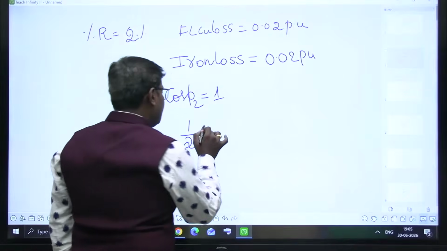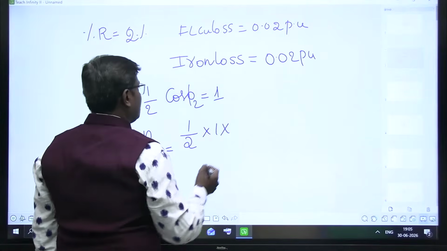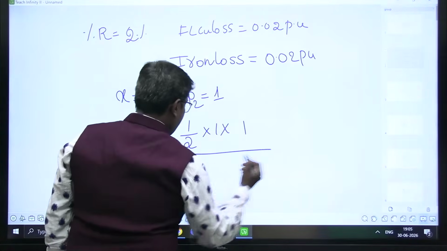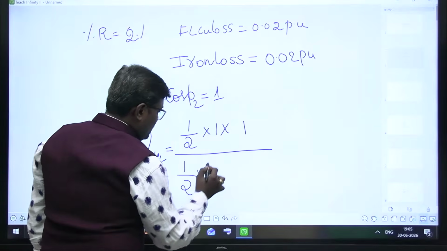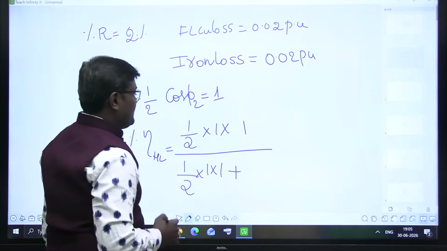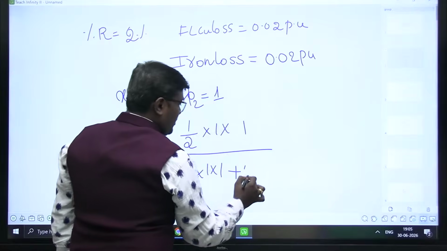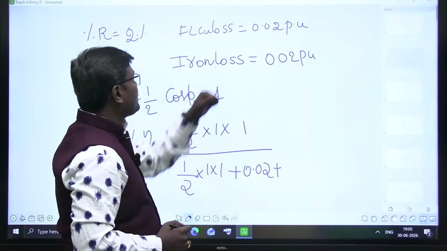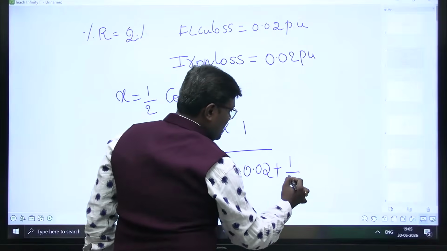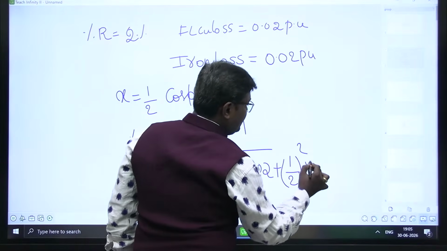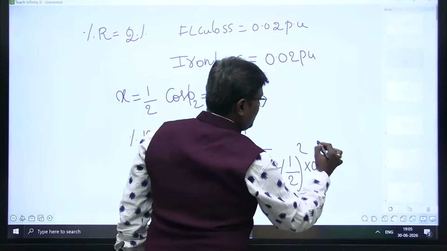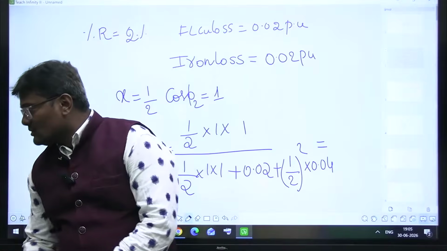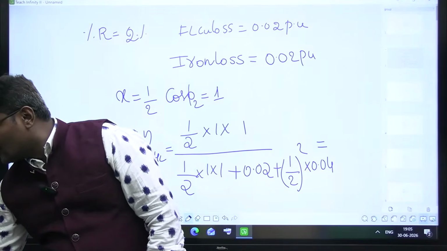So into 1 into power factor is also 1: 1 by 2 into 1 into 1, plus iron losses 0.02, and the copper losses is 1 by 2 whole square into 0.04.